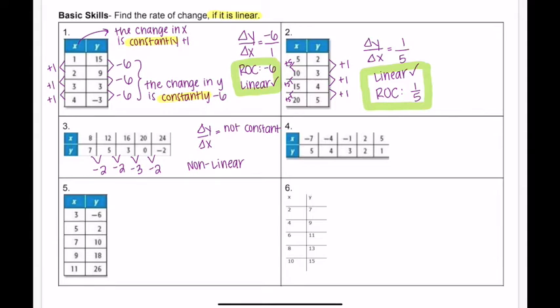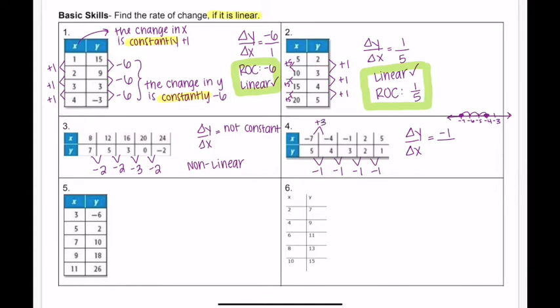In example number 4, let's set up our change in y over change in x. So this one is constant, and the change in y is -1. Then to find our change in x, from -7 to -4, be careful here. Think about if you're on the number line. If I'm at -7, I'm going to the right 3 times to get to -4, so that's +3.